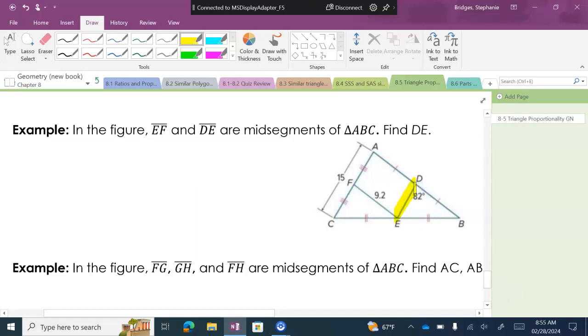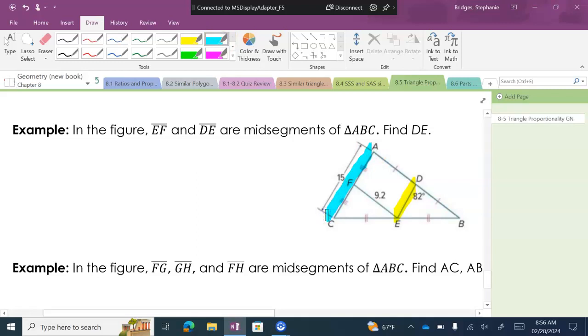They give me way too much information here. Okay, they give you a lot of numbers to throw you off. Which side is DE parallel to? AF. Well, the whole thing. Not just AF, but the whole side. What's the whole side? AC. Okay, so it's parallel to this entire side of the triangle, correct?